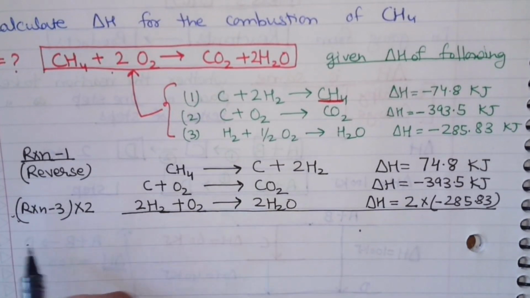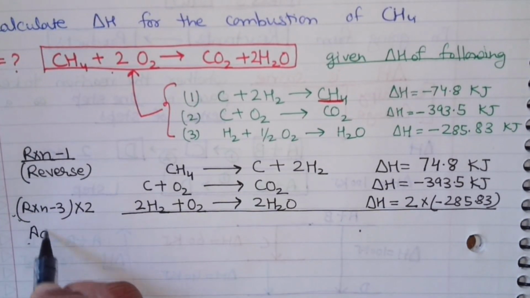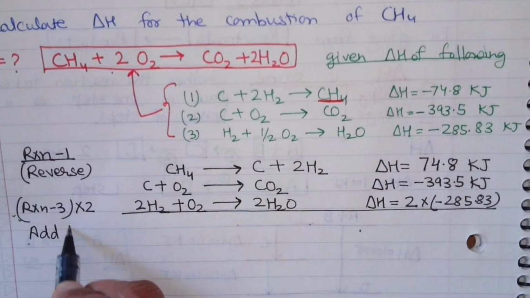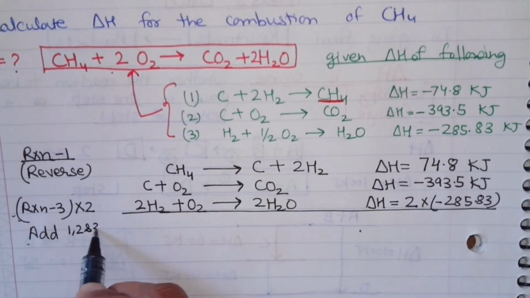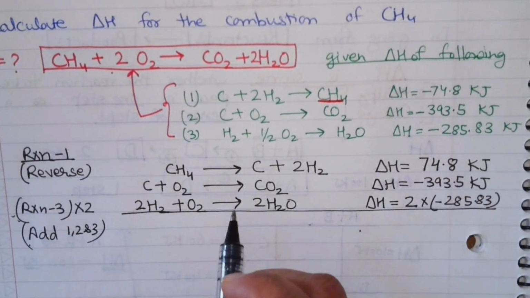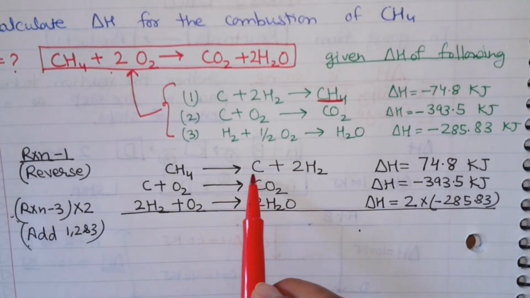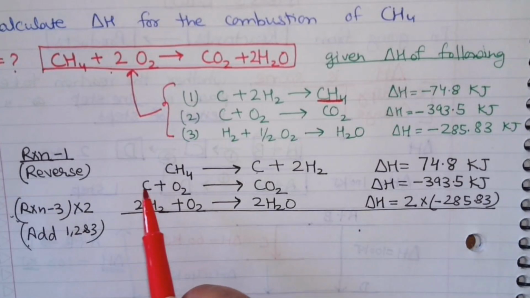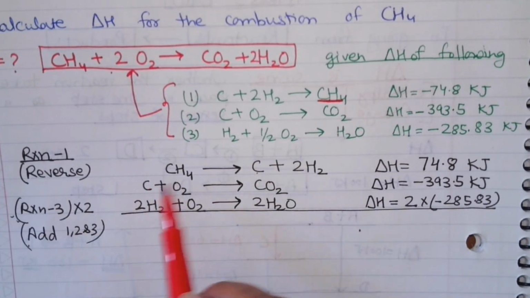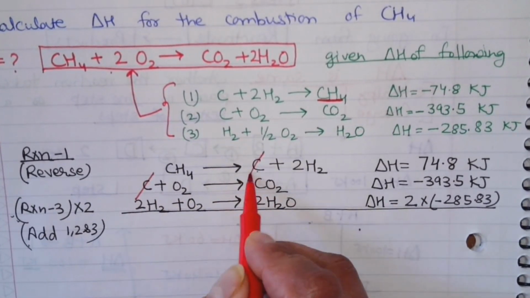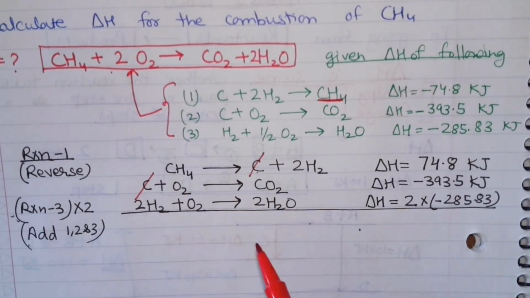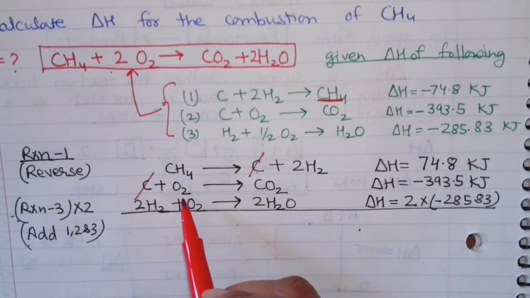Okay. Now what I do is add all the equations. Just add 1, 2, and 3. So when you add, you can see that we have carbon on the left hand side and carbon on the right hand side of the equation. So this cancels out. Their coefficients match, right? What else cancels out?